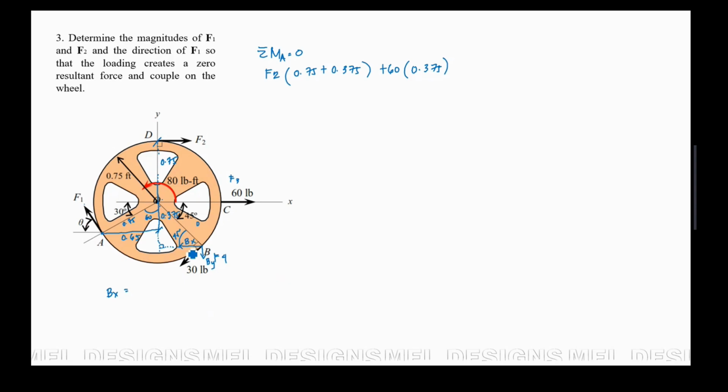So, kung 45 yan, this is also 45 degrees. Therefore, our BX is B cosine of 45 degrees or 30 cosine of 45. So, we have 21.21. And then, our BY, since 45 degrees yan, that is equal. Okay? BX is equal to BY.